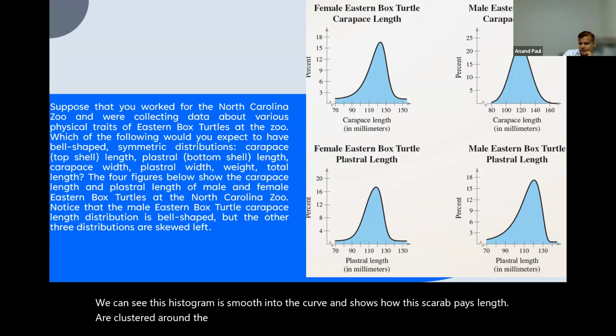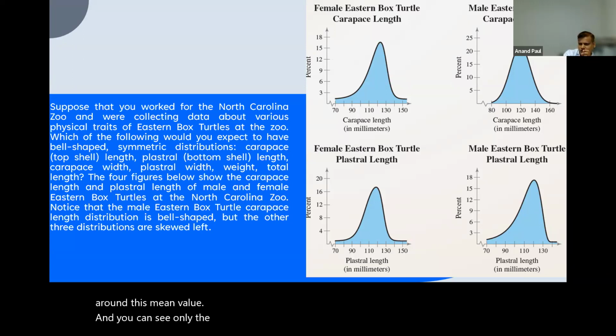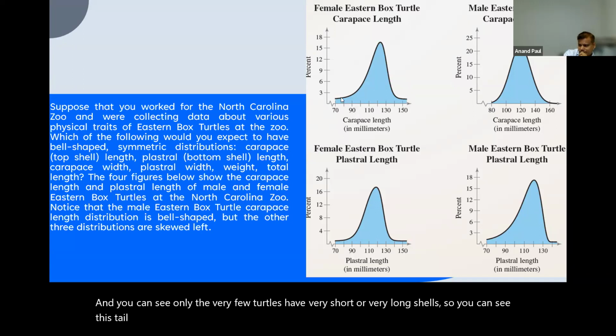You can see the data is centered around this mean value, and only very few turtles have very short or very long shells. So you can see the tail part has very few turtles in this region.